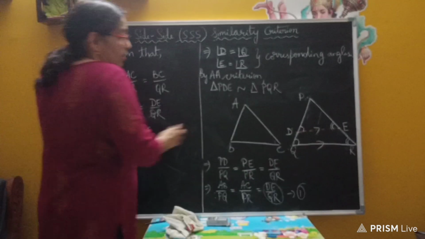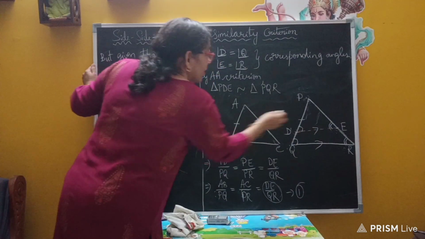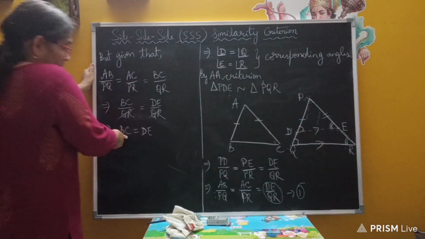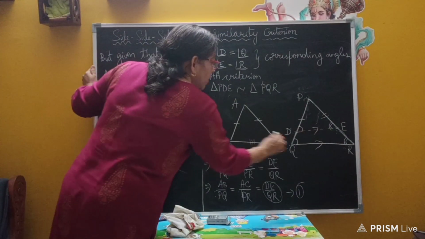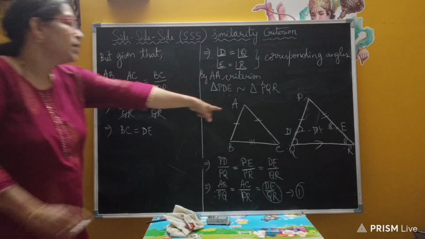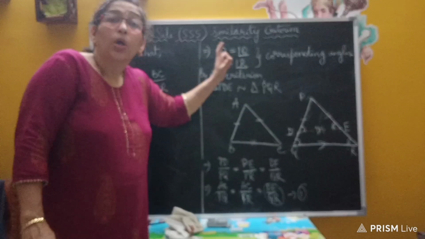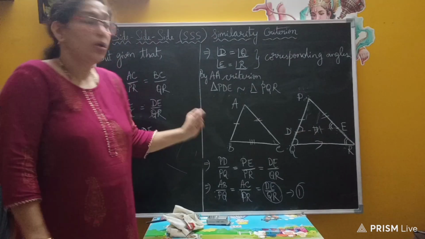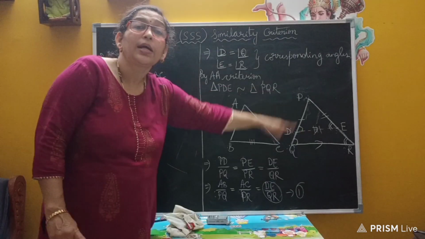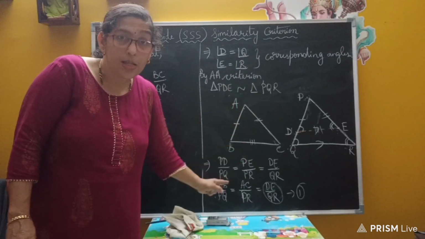Now see here. In the construction part, we have written equal sides, and now we got to know BC is also equal to DE. So what do you say about triangles ABC and PDE? Both are congruent triangles because all three corresponding sides are equal, not in equal ratio, they are equal.